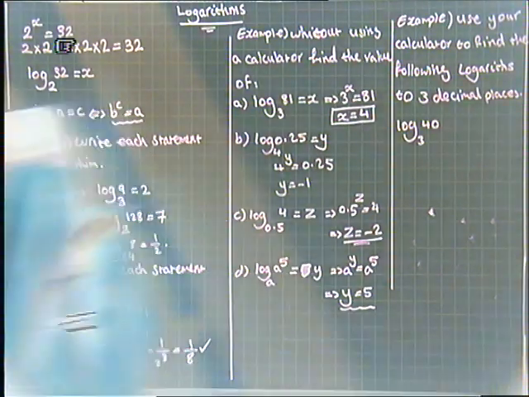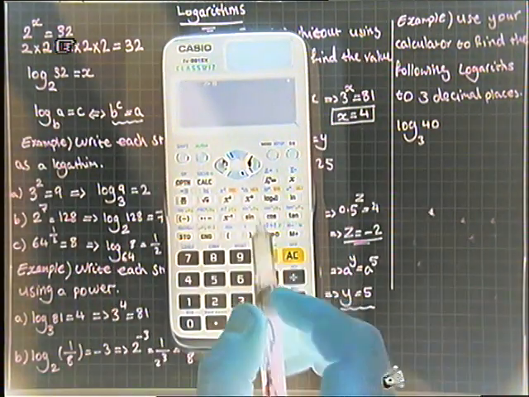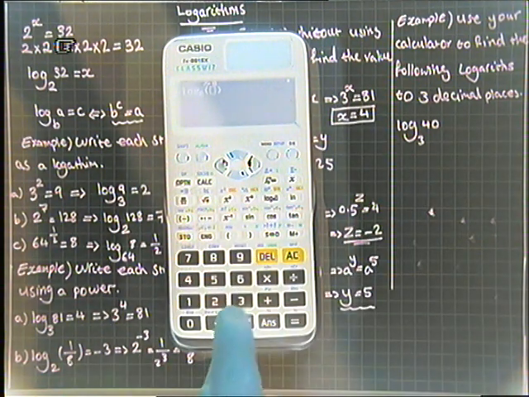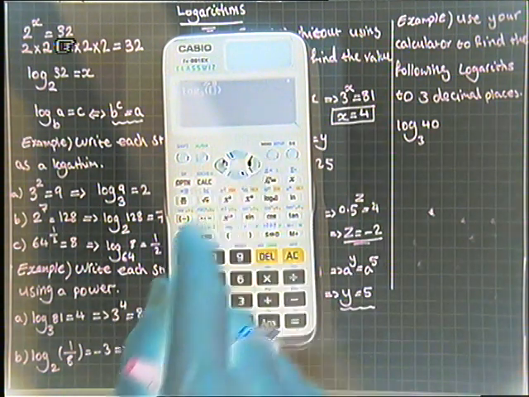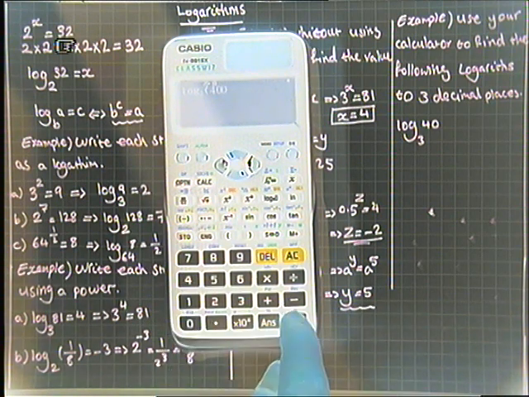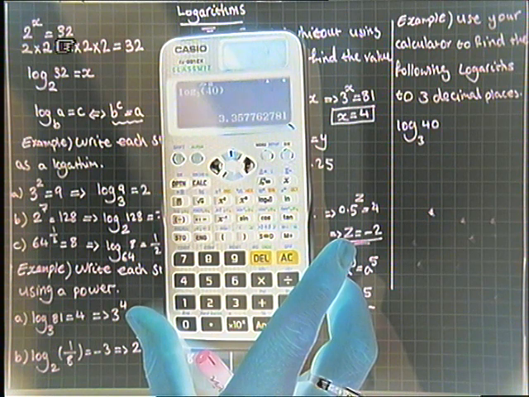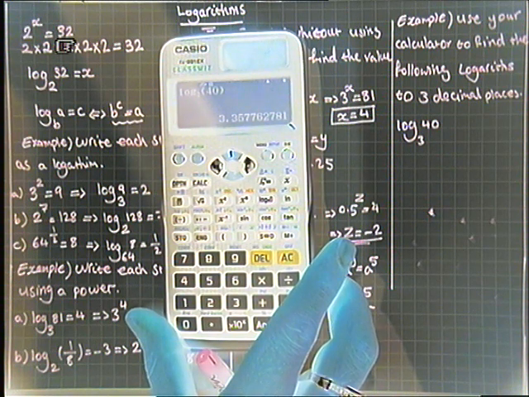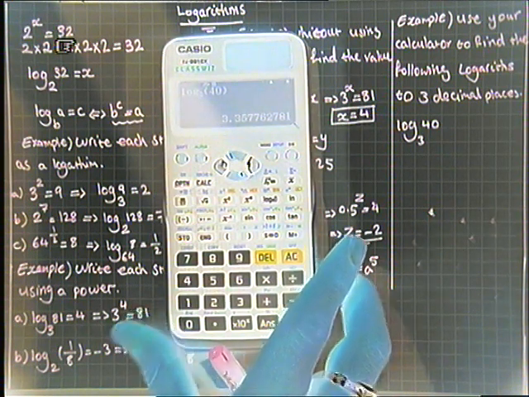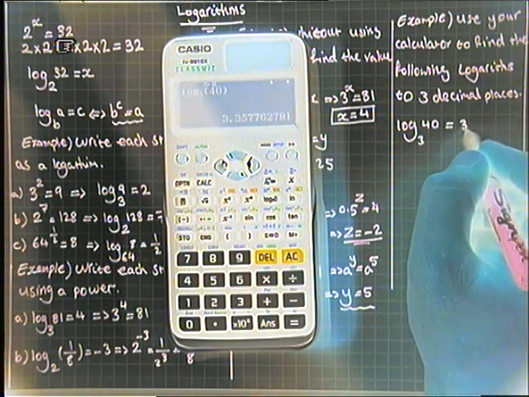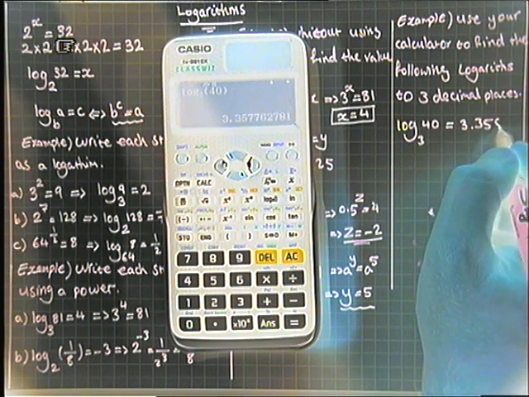So using our calculator, we need to use this button, which has the base as well, base of 3, then 40, which is equal to 3.35776271. Up to 3 decimal places, it would be 3.358.